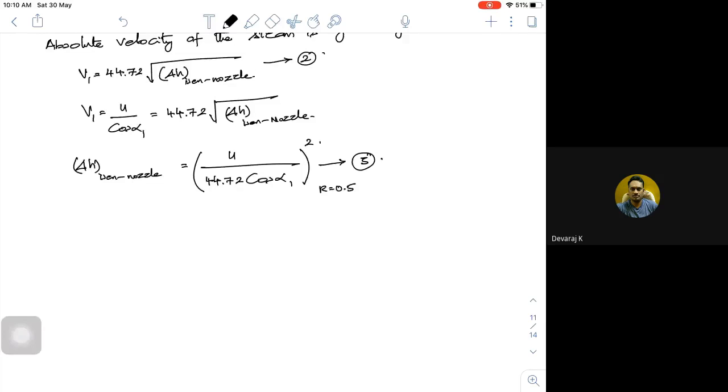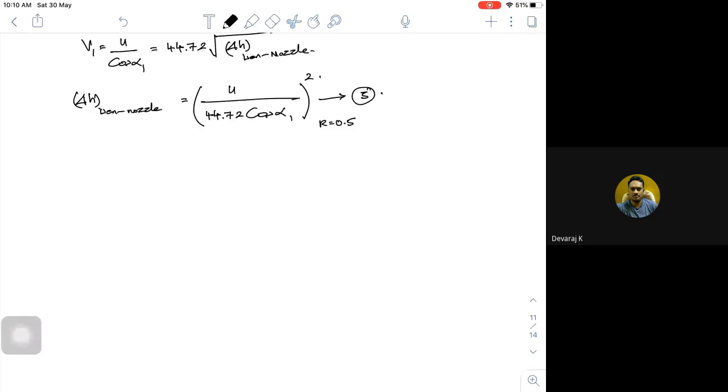If I take the second case, that is a simple single stage impulse turbine, I consider a single stage impulse turbine. Phi optimum, or phi max, is equal to cos alpha 1 by 2.